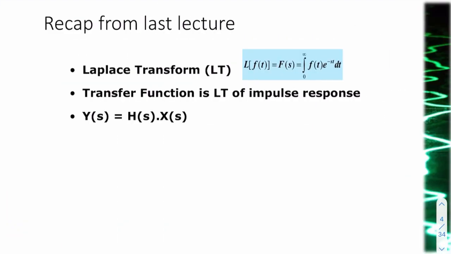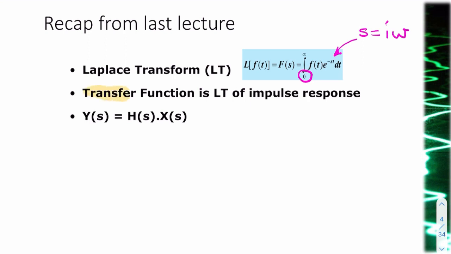Okay, so quick recap from last time. We introduced the idea of the Laplace transform last time, and we said it looks very similar to a Fourier transform if you imagine s to be a complex frequency, and if you only consider the signal to be causal, i.e. starting at t equals 0, then the Laplace transform and the Fourier transform are virtually identical.